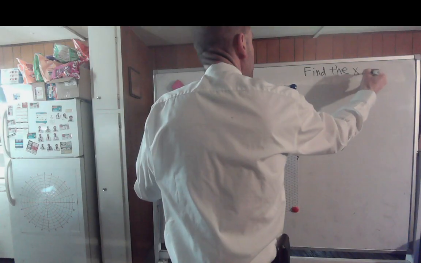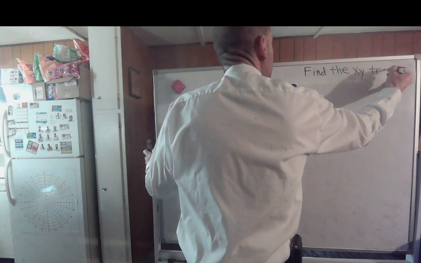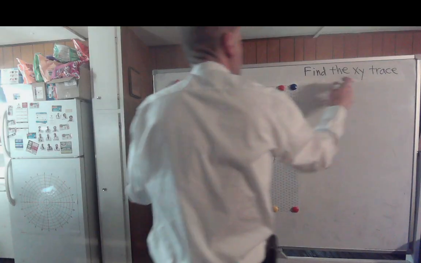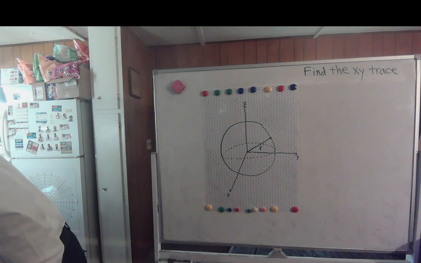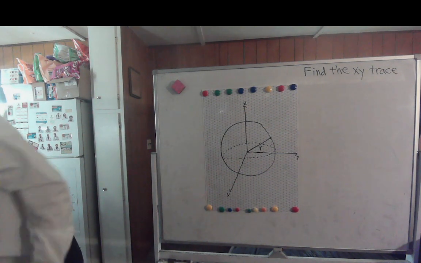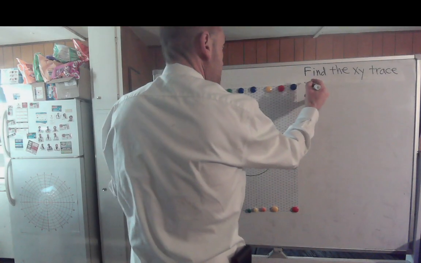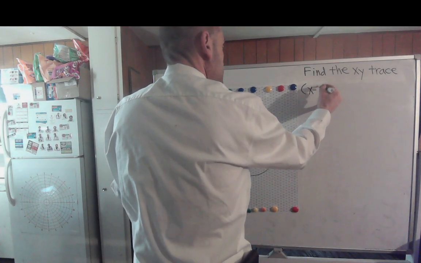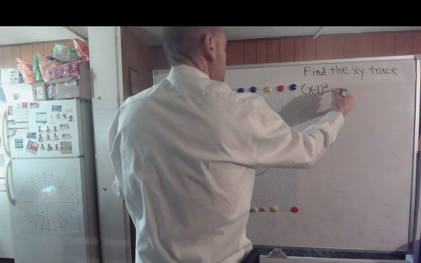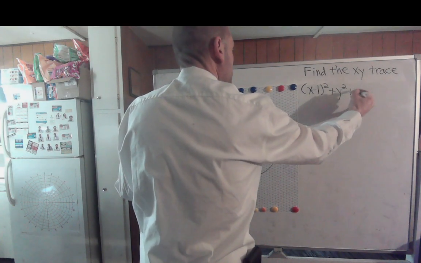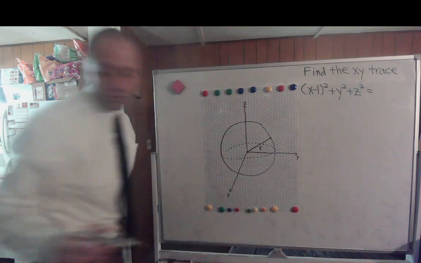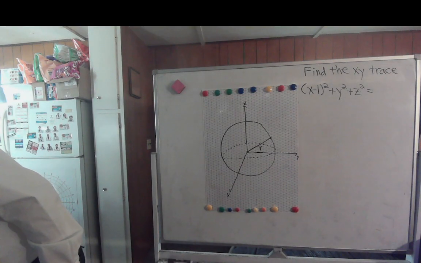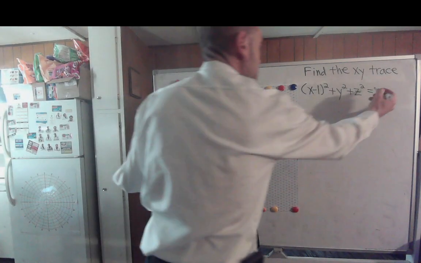Find the xy trace. So let me give the equation of a sphere. The equation of the sphere is x minus 1 quantity squared plus y squared plus z squared is going to be equal to 36.